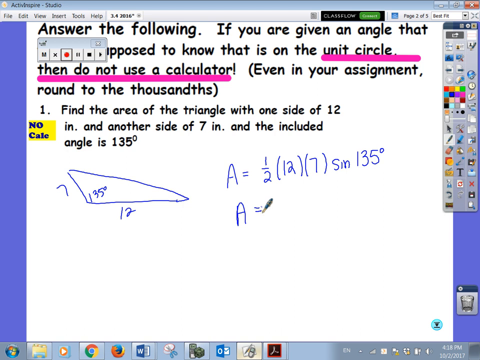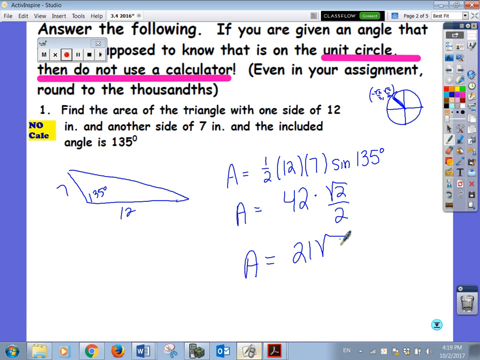So area equals 1/2 of 12 is 6 times 7, so 42, times the sine of 135 degrees. So unit circle, here's 135 degrees, that's the point negative root 2 over 2, comma, root 2 over 2. So the sine of 135 is root 2 over 2. So the area of this triangle is 21 root 2.